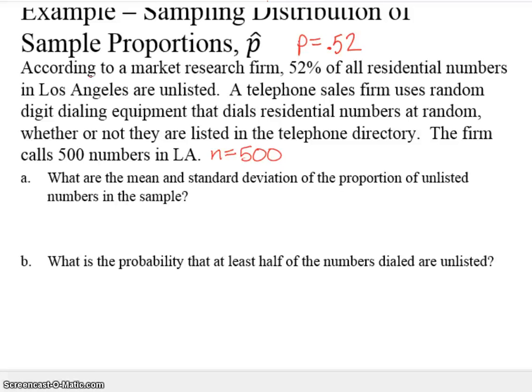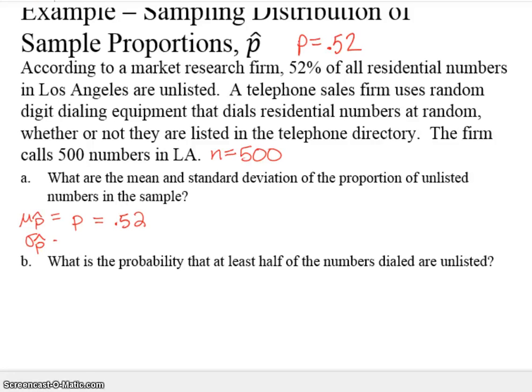Okay, so talking about the sample, we're going to take the mu of p hat. The mean of p hat is going to be just p. They're going to have the same mean. So the mean of p hat is going to be 0.52. Pretty easy.